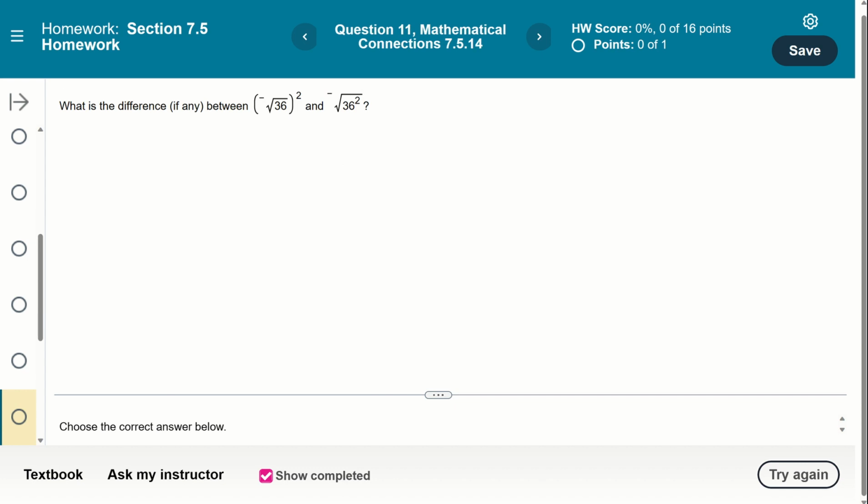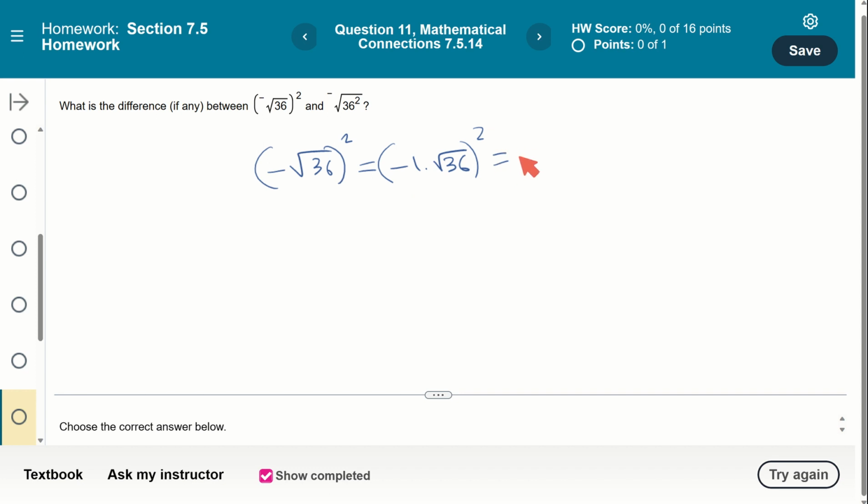All right, how about this one? You have the quantity negative square root of 36, squared, and the negative square root of 36 squared. Are they the same? Are they different? Well, let's see. If we take the first one, the quantity negative square root of 36, squared, that's just like saying negative 1 times square root of 36, quantity squared.